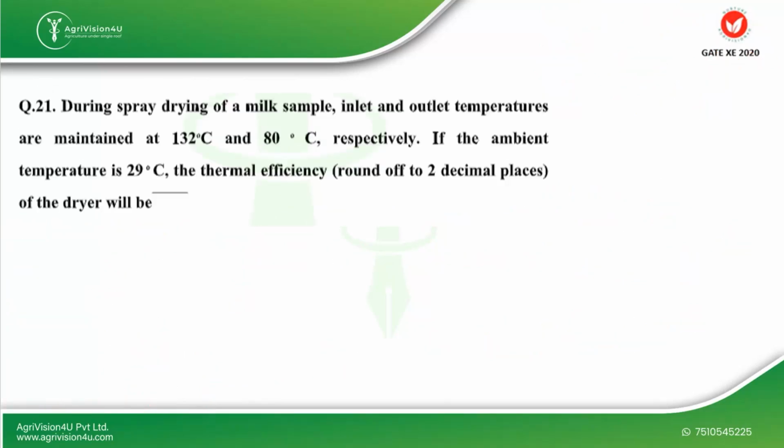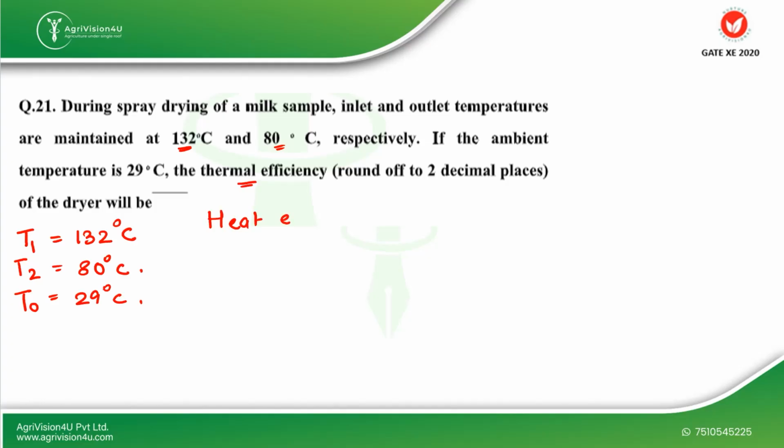Question 21. During spray drying of a milk sample, inlet and outlet temperatures are maintained at 132 degrees Celsius and 80 degrees Celsius respectively. So T1 is 132 degrees Celsius, T2 is 80 degrees Celsius. If the ambient temperature is 29 degrees Celsius, so T0 is 29 degrees Celsius, the thermal efficiency of the dryer will be how much?